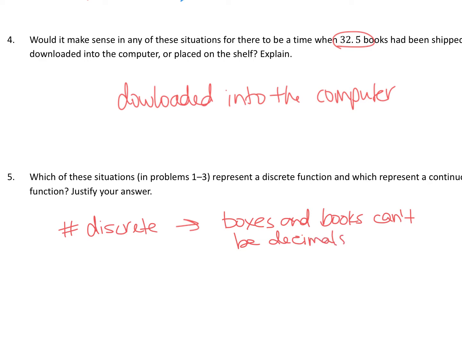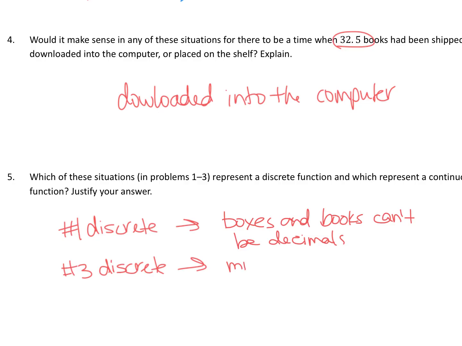Okay, that is pretty much the same thing for number 3. So that's number 1. Number 3 is also discrete, kind of for the same reason, except this time we've got hours and books, but it's not really hours and books, it's really like we know on the minute what's happening, right?